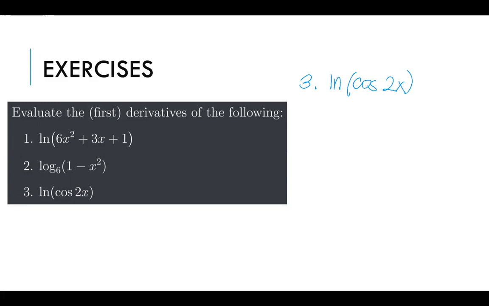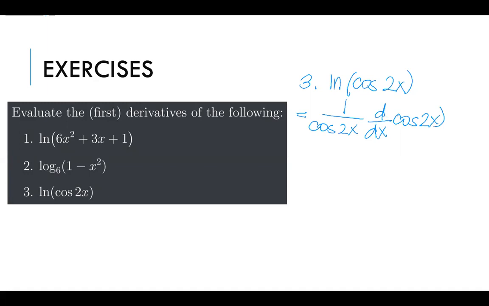So first, we get the derivative of the outside function, which is the natural logarithm. So we get 1 over cosine 2x multiplied by the derivative of the inside function, which is cosine 2x.